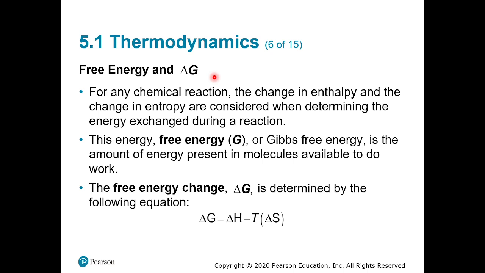If it's positive, it doesn't happen spontaneously, does it? Okay, so what does 0 mean? It could go either way, right? That's what's called equilibrium. It means that both things are probably happening at the same time.